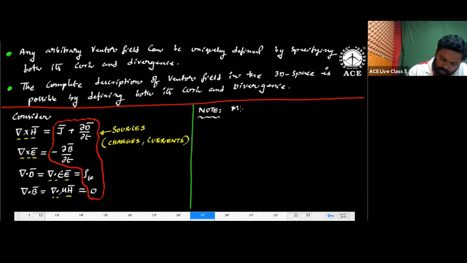Why are Maxwell's equations such popular equations?